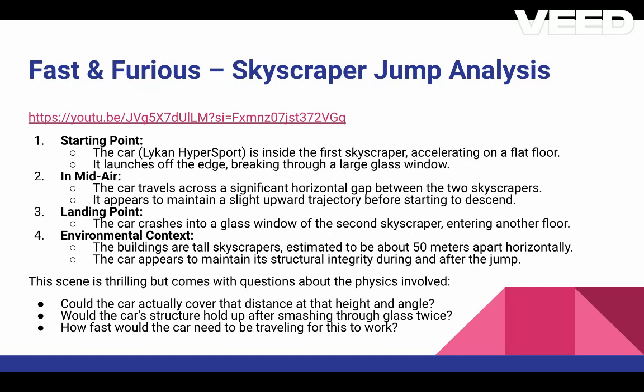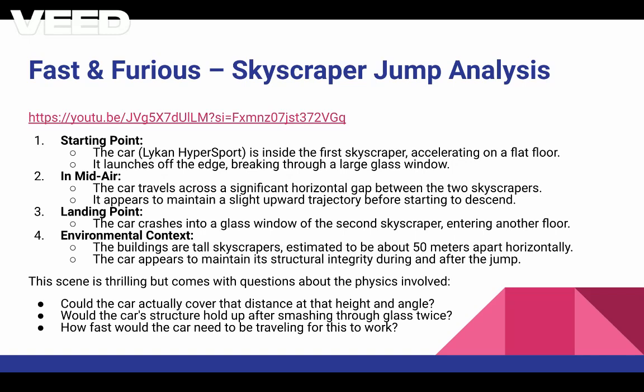So the starting point in this scene, we have the car, which is a Lykan Hypersport in the movie. It's inside a skyscraper, which is referring to the first skyscraper in the scene, and this car is accelerating on a flat floor. It then launches off the edge of the skyscraper, breaking through a large glass window.